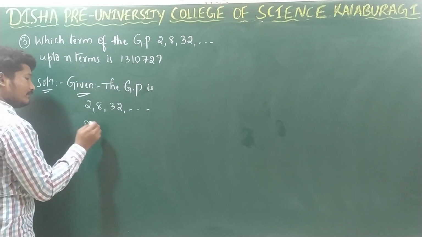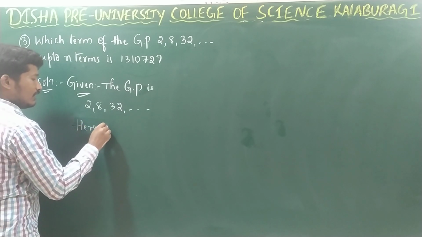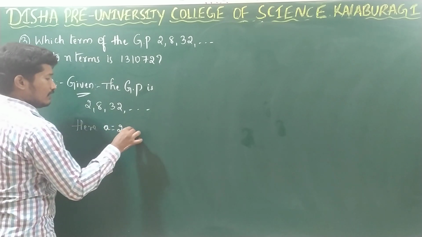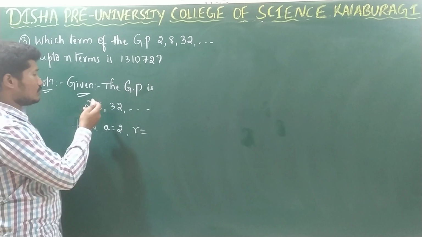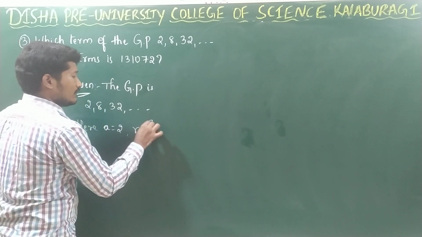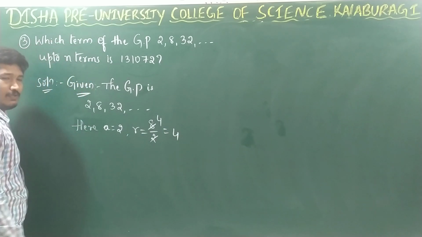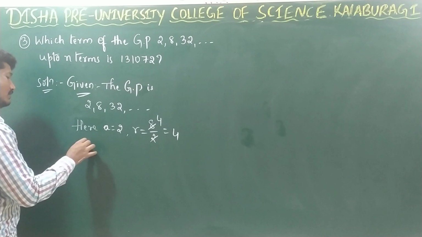From this geometric progression, we get the value of a as 2, that is the first term is 2, and in geometric progression we take the common ratio. So a2 divided by a1, so 8 divided by 2, 2 fours are 8, so it is equal to 4. This is the common ratio, and a is the first term of the geometric progression.